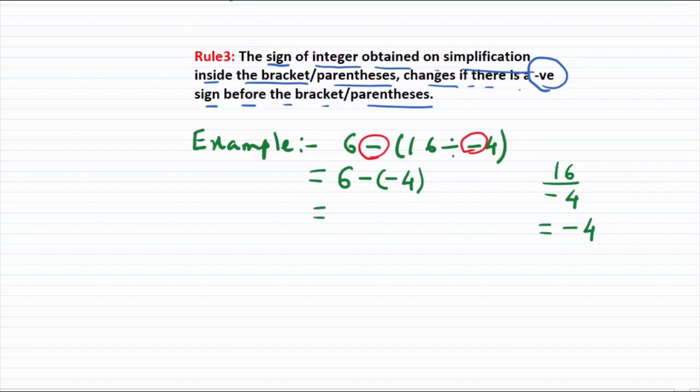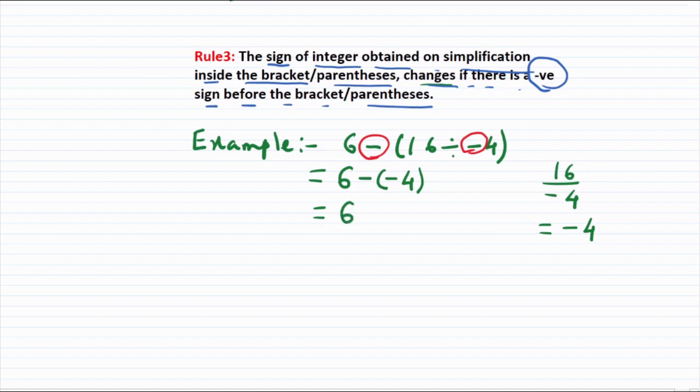Let's go back to this rule 3. The sign of integer obtained on simplification inside the bracket or parenthesis changes if there is a negative sign. So I can clearly see here is a negative sign before the parenthesis and inside the parenthesis also we are having one negative sign. So according to this rule, and of course this is according to the basic rule of algebra, the sign is going to be changed.